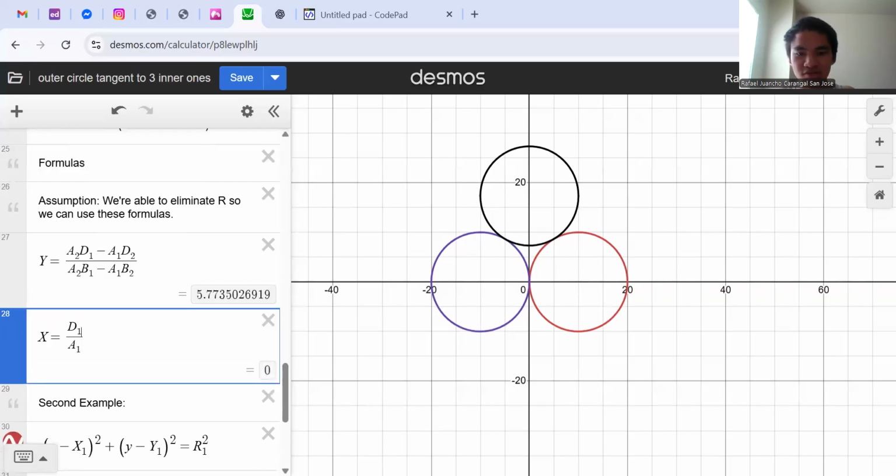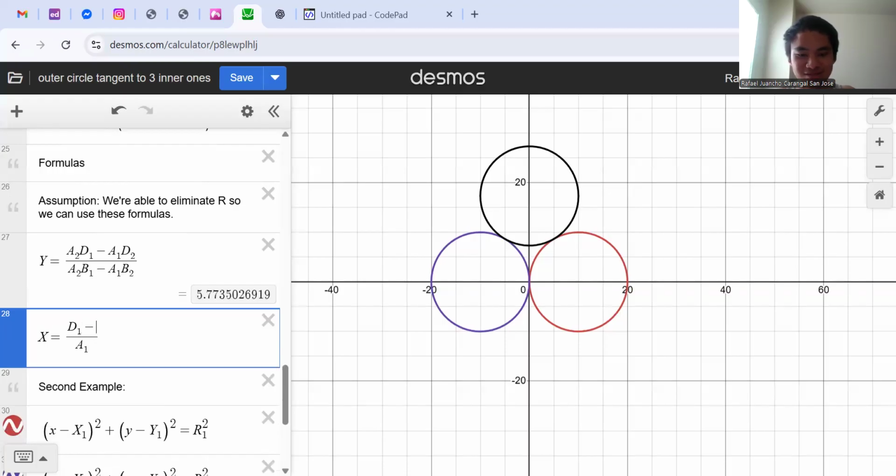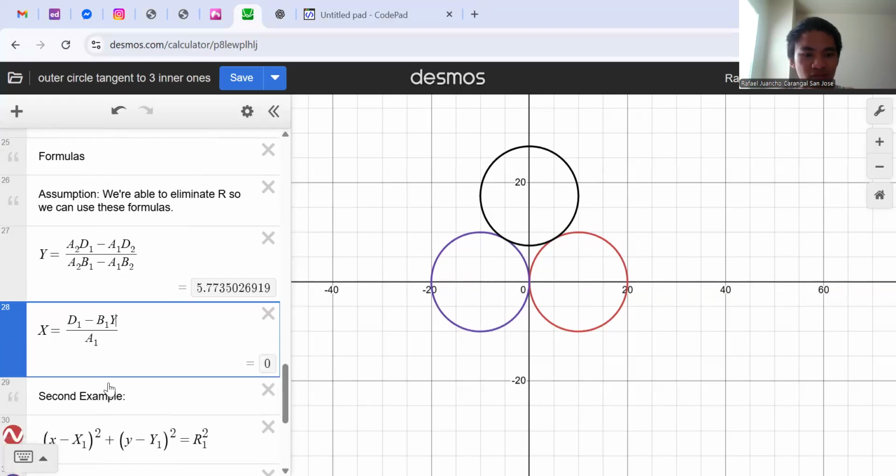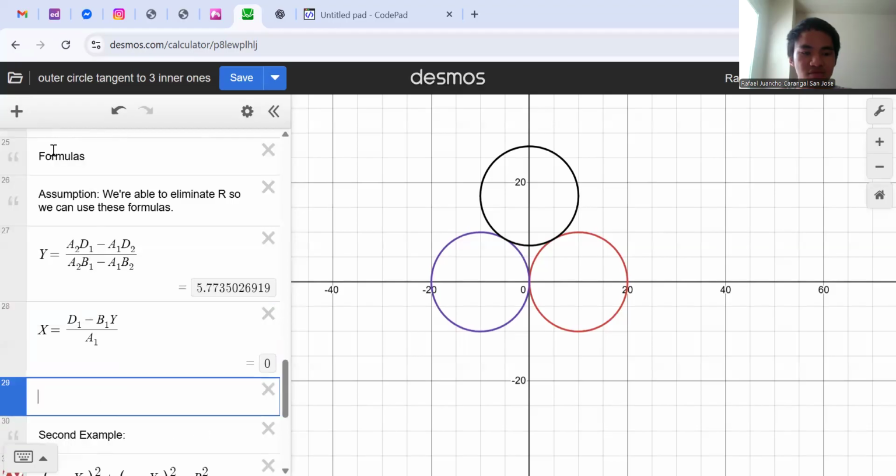But in my notebook, you can see B sub 1. And this one's Y. Did I get that? Yeah. So my X is 0, apparently. D1, B1, Y, A1. Okay. And from there, I get my R. I get my R value here.